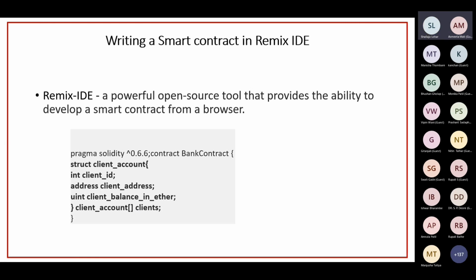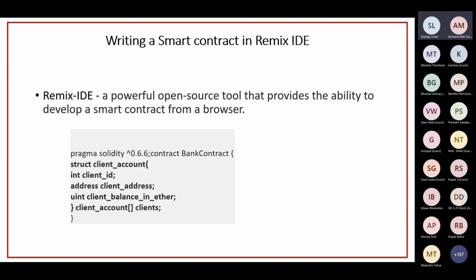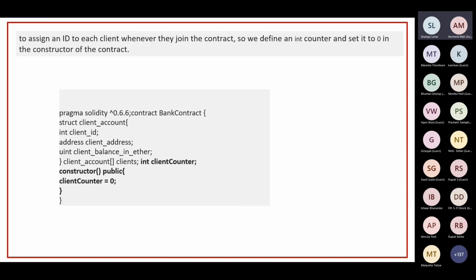This will be the basics of a smart contract in Remix IDE. To assign an ID to each client whenever they join the contract, we define an integer counter and set it to 0 in the constructor of the contract. Here we are allocating a value to a counter to identify if a client is joining the chain.